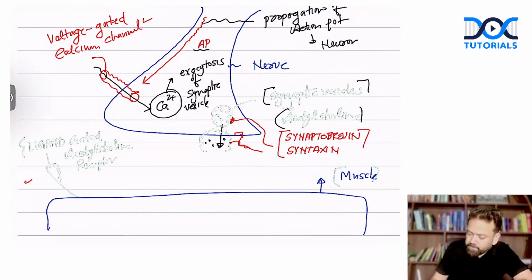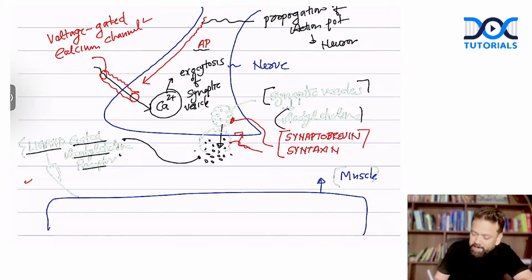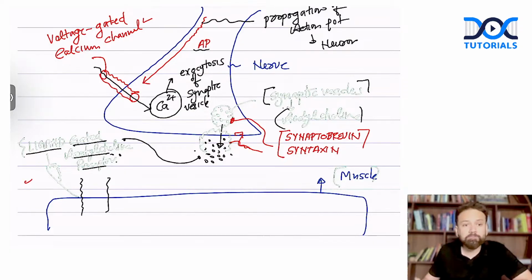After the docking phenomenon, what is going to come outside? They are simply acetylcholine, and these are ligand gated acetylcholine receptors. As acetylcholine attaches to these receptors, there will be opening of the channel at the muscle.